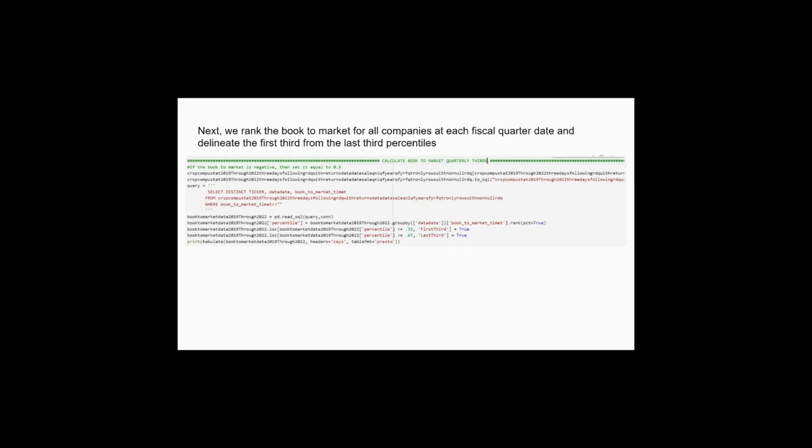And so in order to calculate value firm versus growth firm, we need to have the first third percentile and last third percentile for book to market. And here's how we do that. We select all the data where book to market is not blank, and then we have this percentile variable, and we say book to market 2019 through 2022, group by data date and book to market.